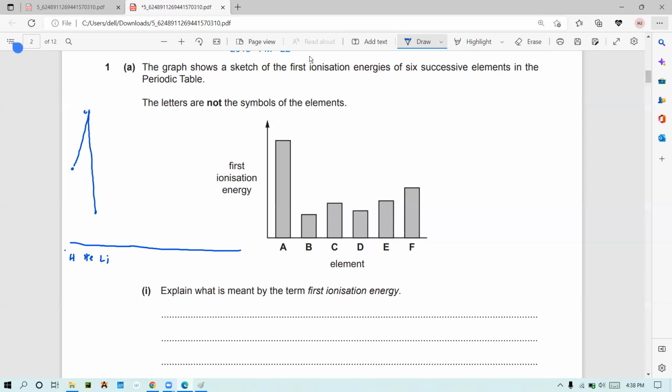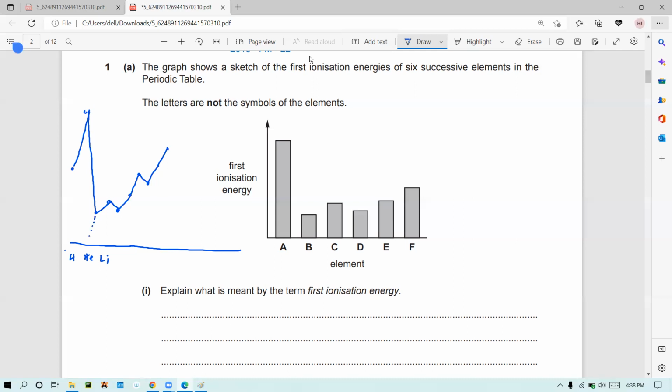And then across the period, from lithium to beryllium, it goes up. And for the third element, it comes down a little bit, goes up further, and then comes down a little bit, and goes up twice.